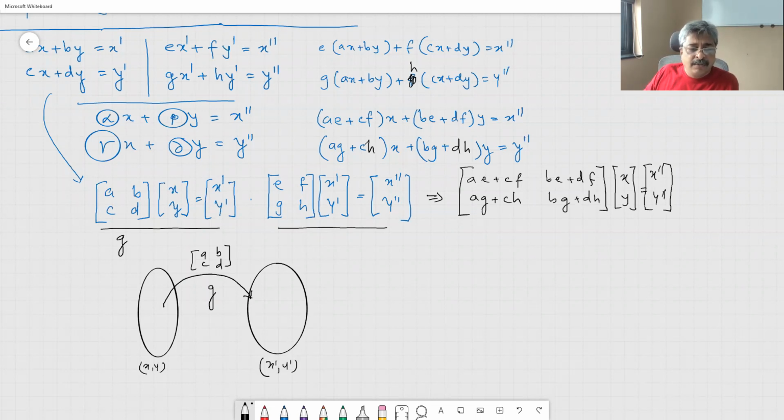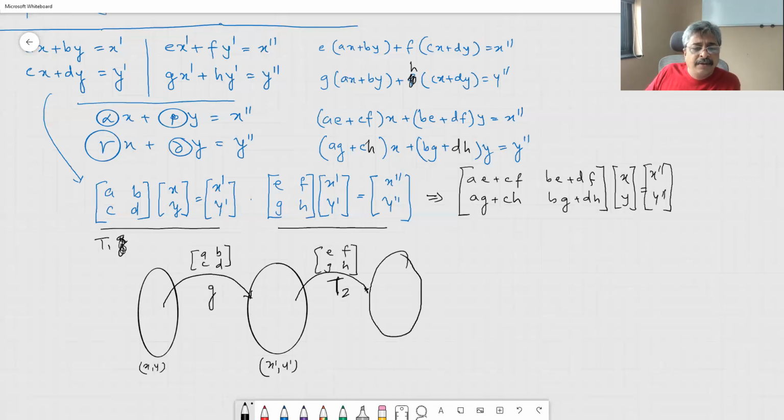Second set. From the second set you operate your function, let us operate transformation 1, transformation 2. You operate transformation 2, which is EFGH, and you end up getting x double dash comma y double dash resultant.